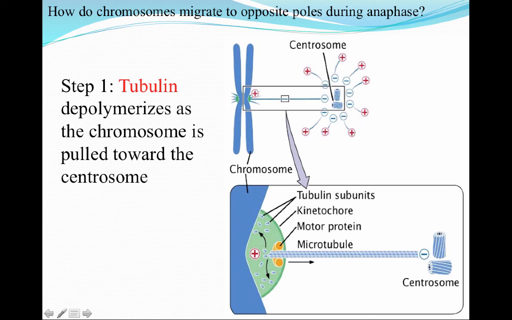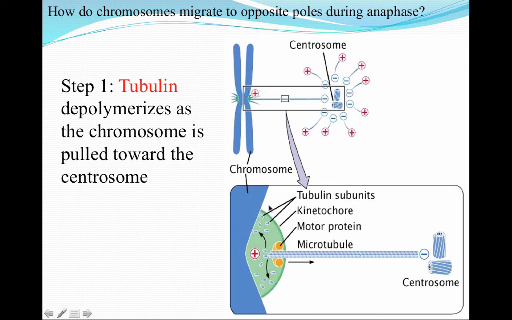So how do chromosomes migrate to the opposite poles? This is going to happen during anaphase. And the first part of this process is that tubulin is going to depolymerize as the chromosome is pulled towards the pole. So again, we have our sister chromatid right here. We have a kinetochore where the spindle fiber is actually attached, and that spindle fiber is then going to start moving this chromosome towards this pole.